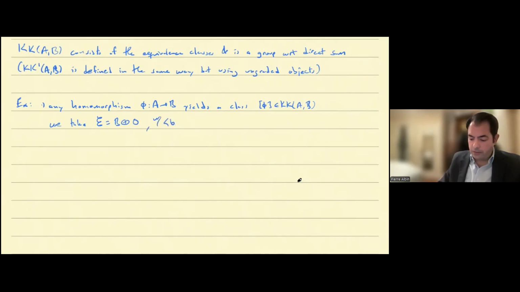The inner product is b1 star times b2. The operator would be just 0.